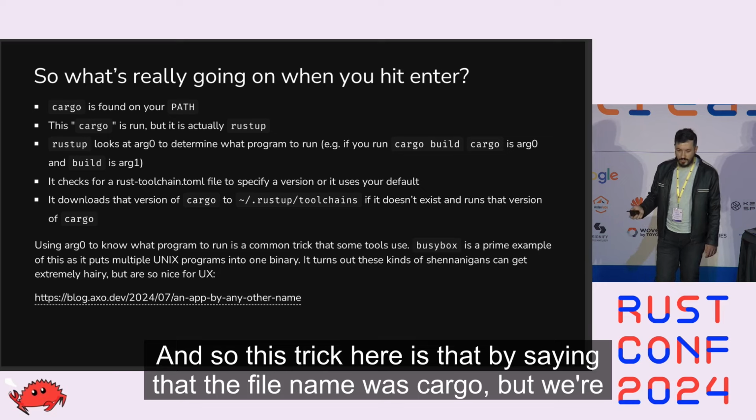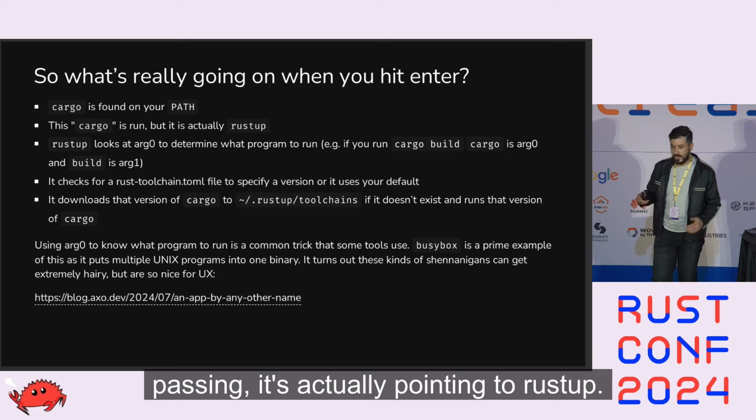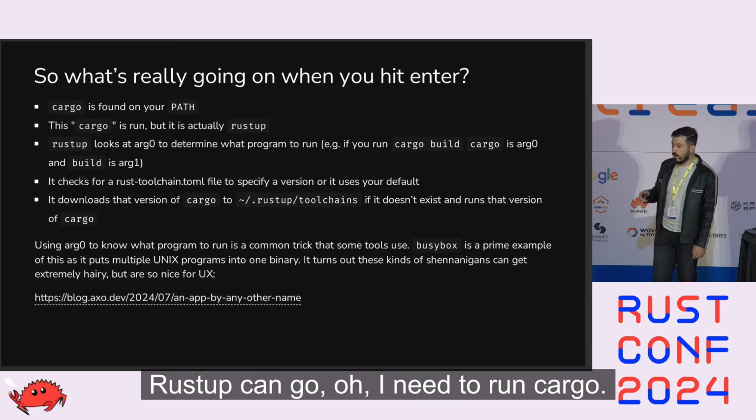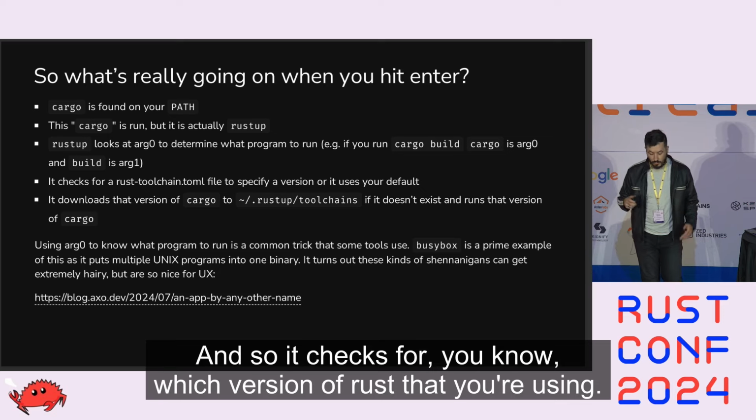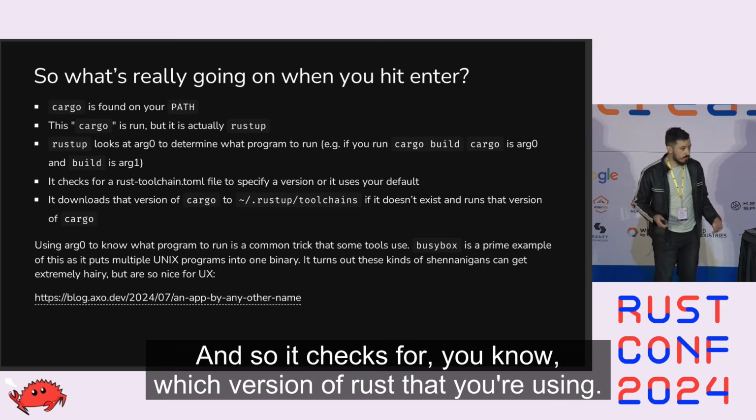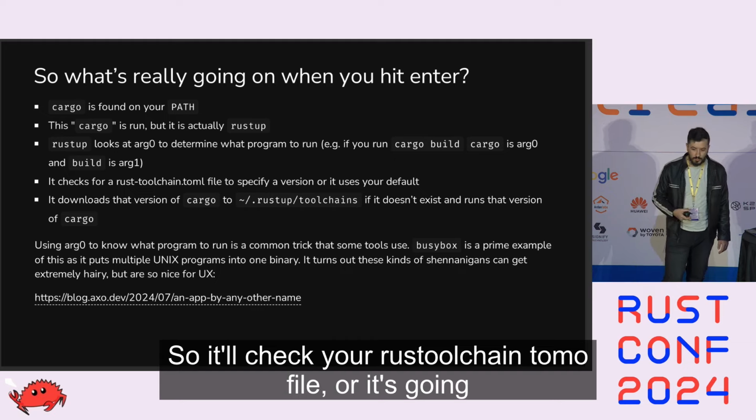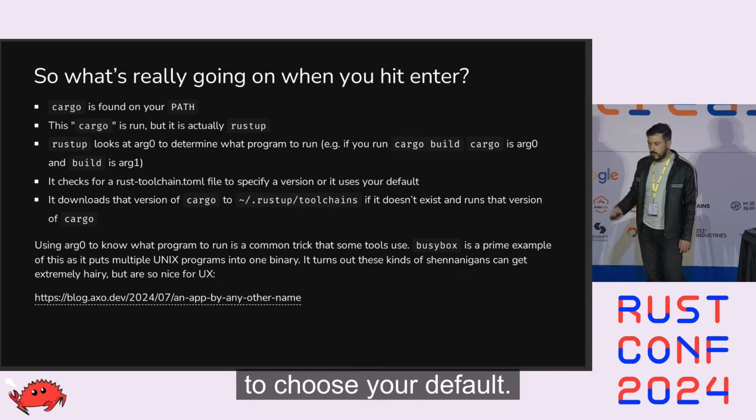And so this trick here is that by saying that the file name was cargo, but it's actually pointing to rustup, rustup can go, oh, I need to run cargo. And so it checks for which version of Rust that you're using. So it'll check your rust-toolchain.toml file, or it's going to choose your default.